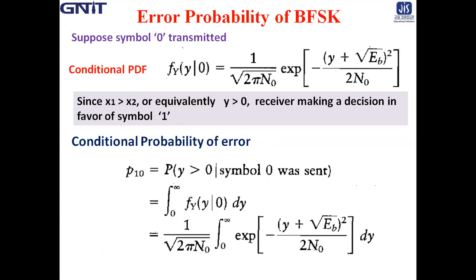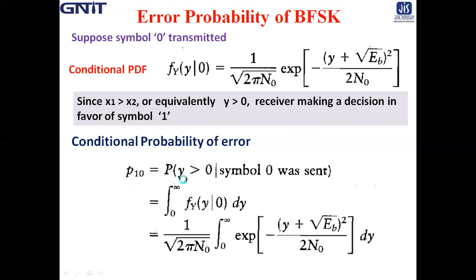Now since the condition x1 greater than x2, or equivalently y greater than 0, corresponds to the receiver making a decision in favor of symbol 1, we deduce that the conditional probability of error given that symbol 0 was transmitted, denoted as P10, means 1 is received and 0 is transmitted.